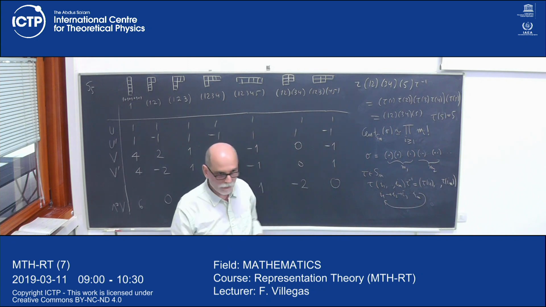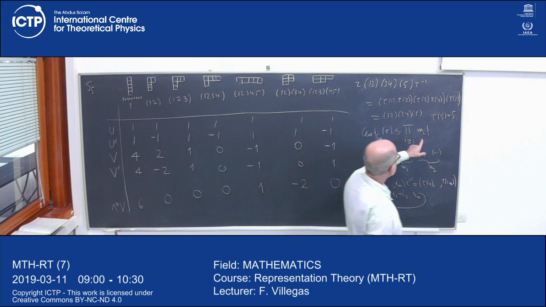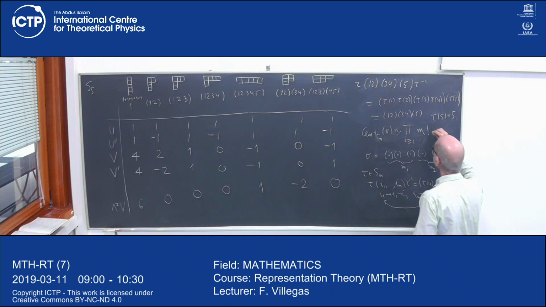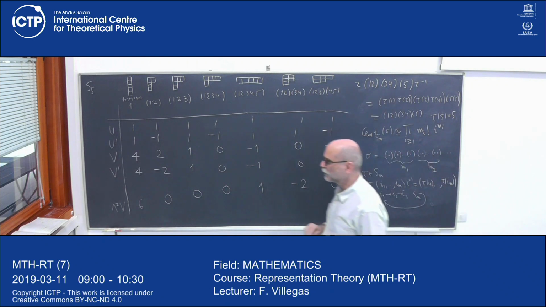I can permute them in any way. But also within each cycle, I can have a cyclic permutation, of which there's i to the m_i.